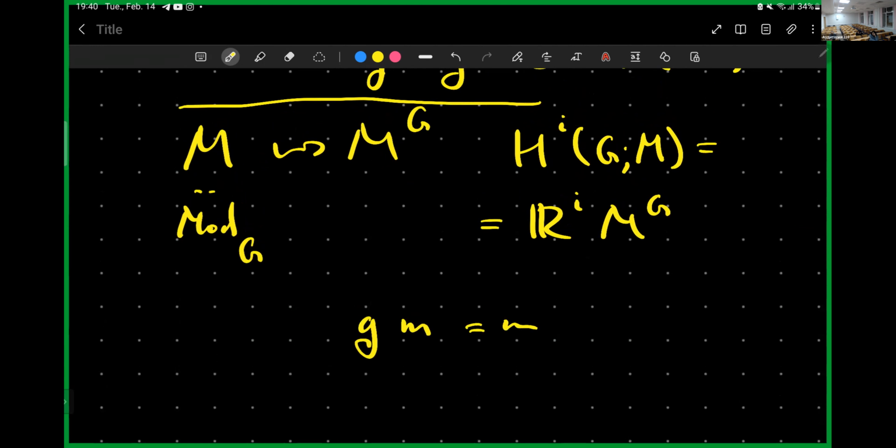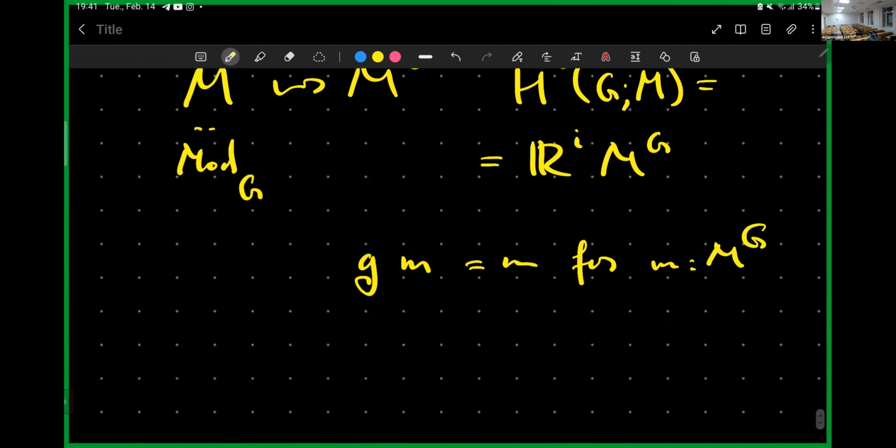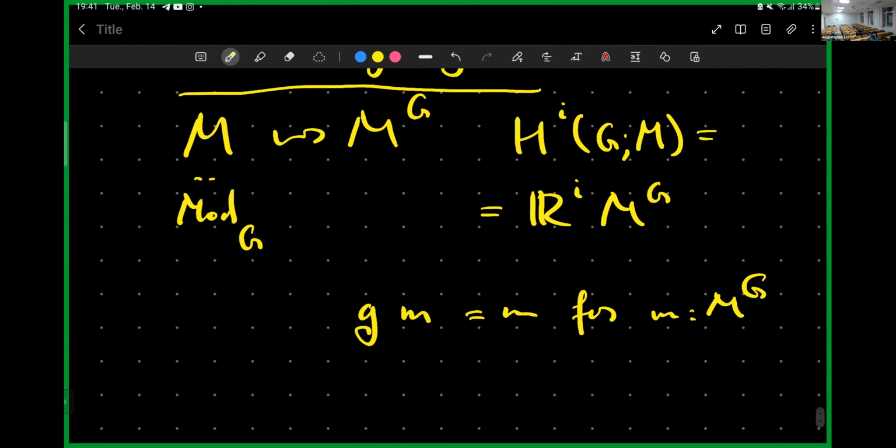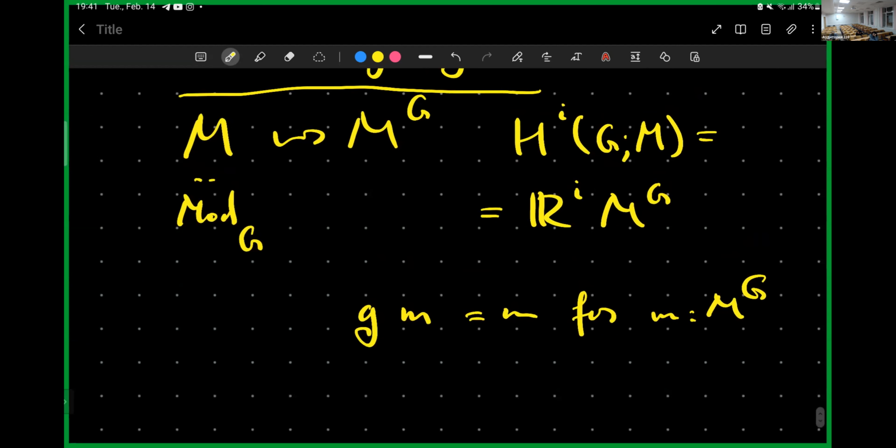And on the level of G, we take conjugation by g, but it doesn't really matter. So on the level of the zeroth derived functor, nothing happens.